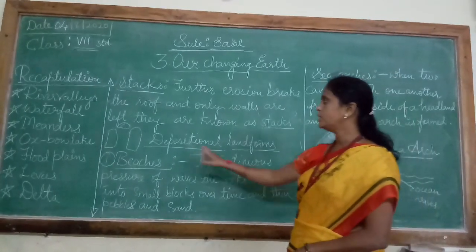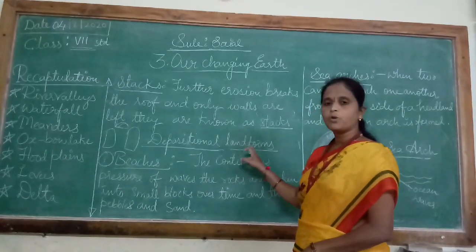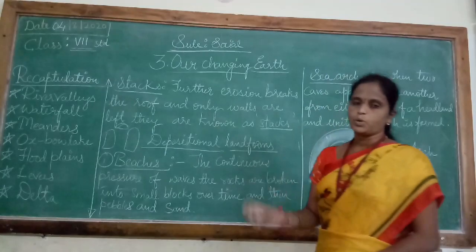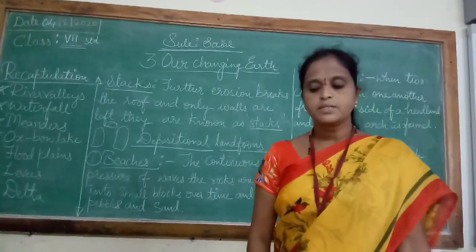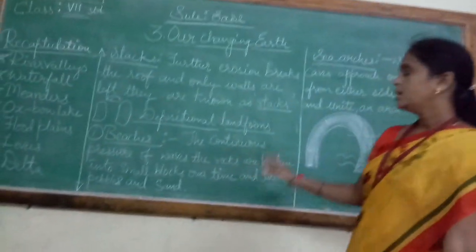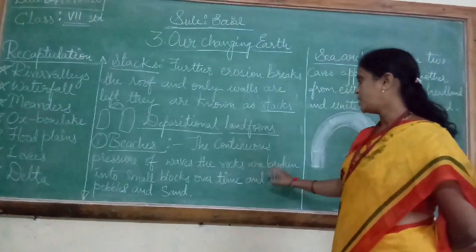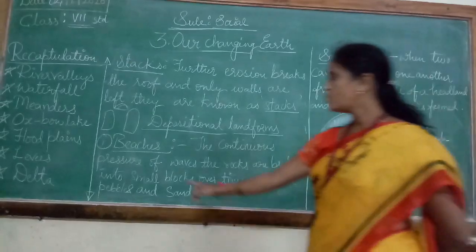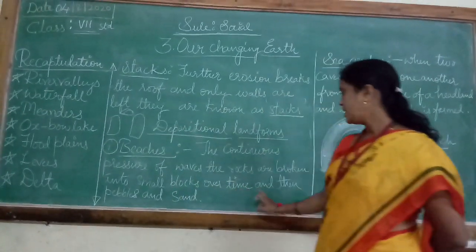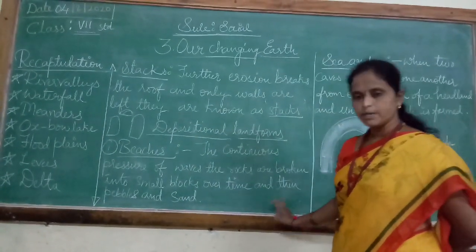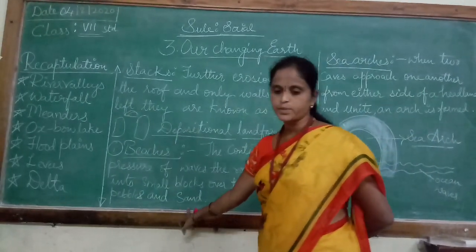Now we will study the depositional landforms formed by the ocean water or sea waves. So first is beaches. As I said, due to the continuous erosion or pressure of the waves, the rocks are broken into small blocks over time, and then they are broken into small pebbles and sand.